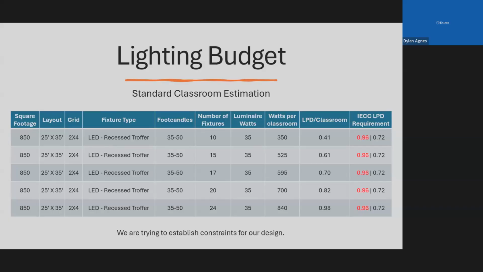And so what that tells me is that 17 is the max. I should probably try for 10, see if I can get a grid layout for uniform illumination of 35 or 50 foot-candles. But if I have to add, say, 2, so I have 12, I have a 3x4 grid in the classroom, that's perfectly fine because I'm going to come in between 0.41 and 0.6. So I know that that design decision is acceptable down the line.